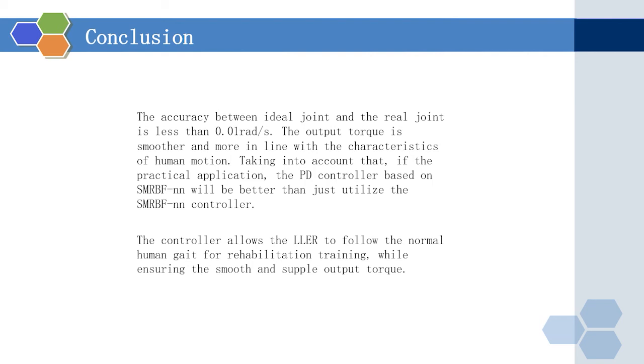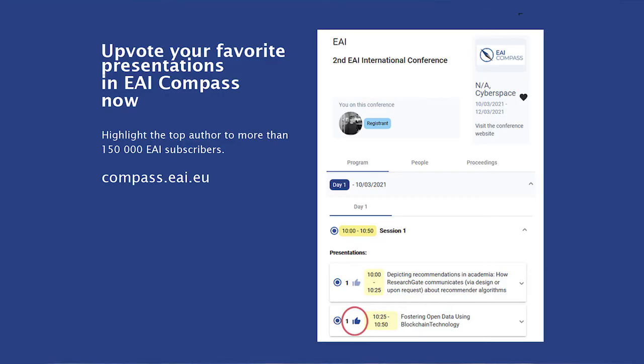Second, LLER can't show control strategy based on human movement intention. We will require more subjects for data collection and introduce EEG and EMG signals to predict human gait in the future.